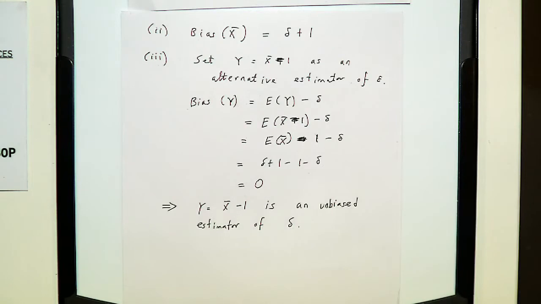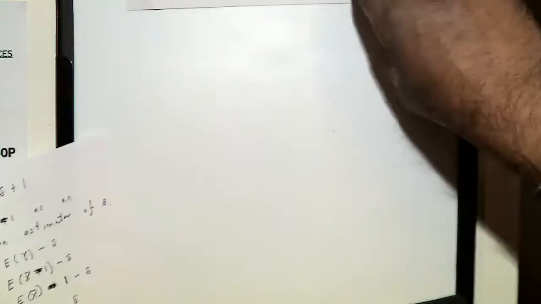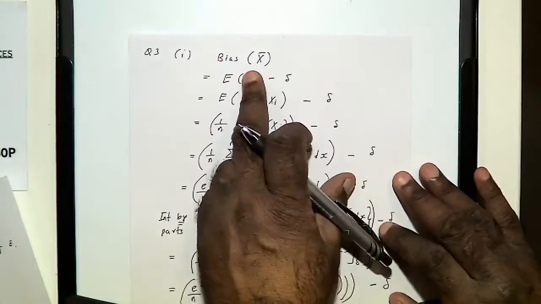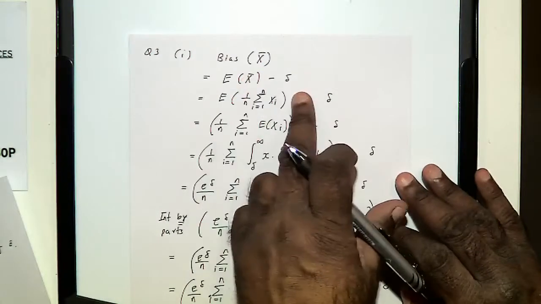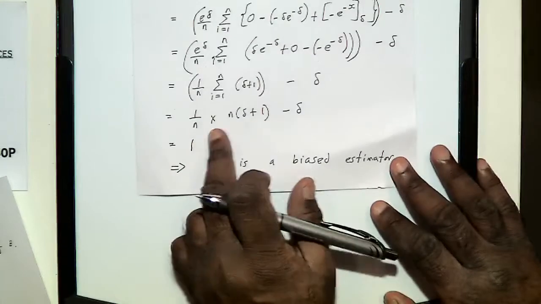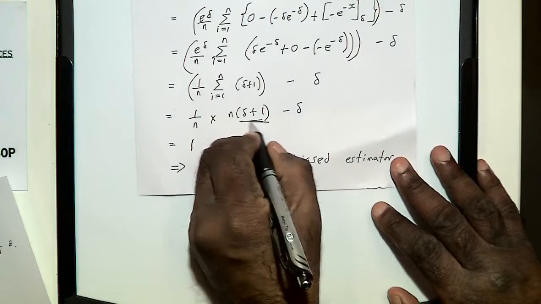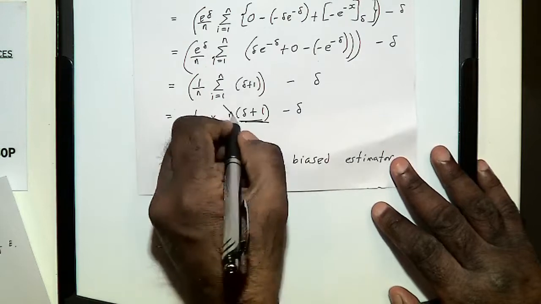Why is the bias delta plus 1? That's because of what we showed in the previous part. Remember, the bias of x bar is the expectation minus delta, right? And we showed here that the expectation of x bar is delta plus 1, because these two cancel out.